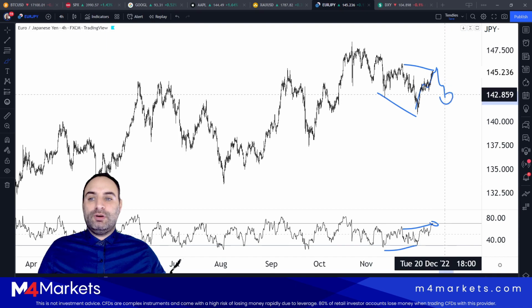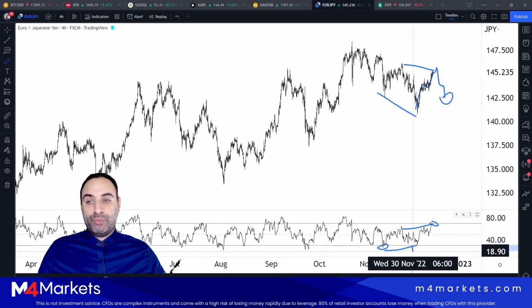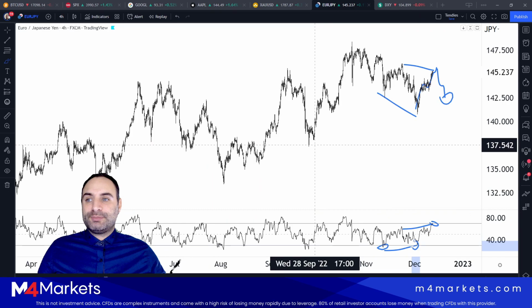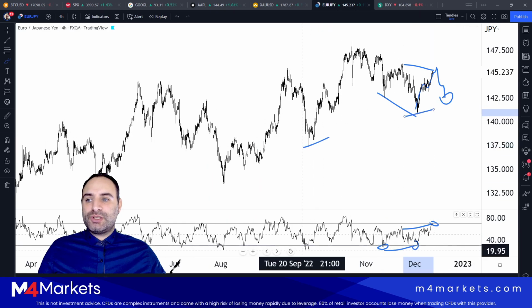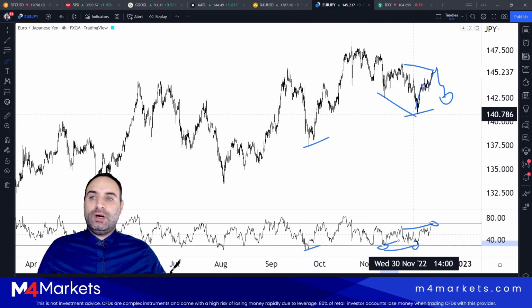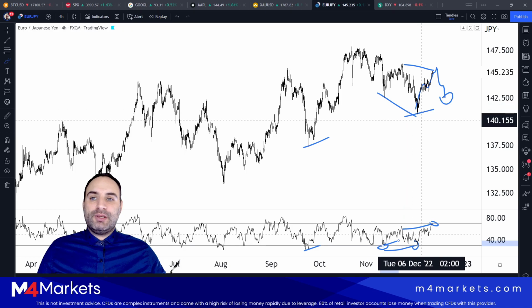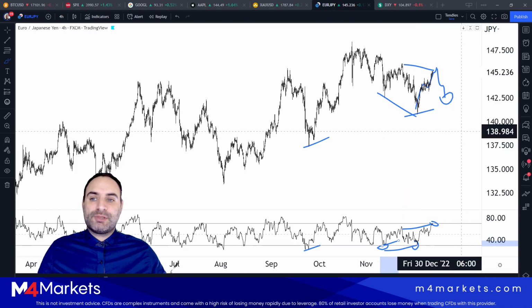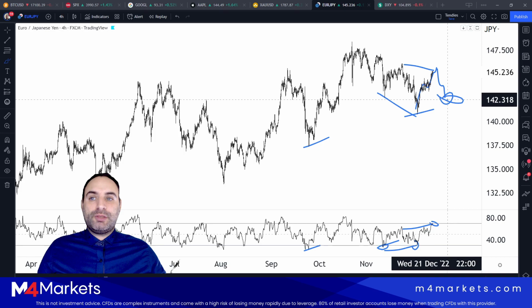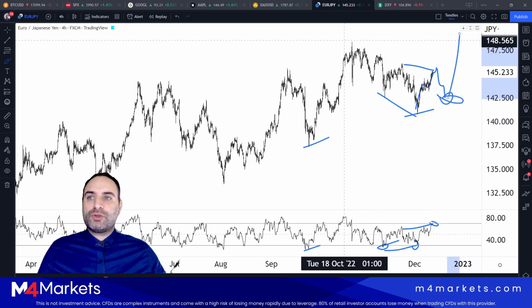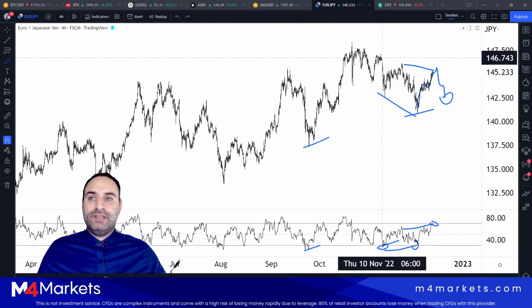However, due to this opposing signal over here, and the fact that we still see higher lows on the RSI and on the price as well, which suggests there is some sort of convergence towards the upside, this could be just a pullback, and from there we'll continue higher with one of the targets being the 148.50.